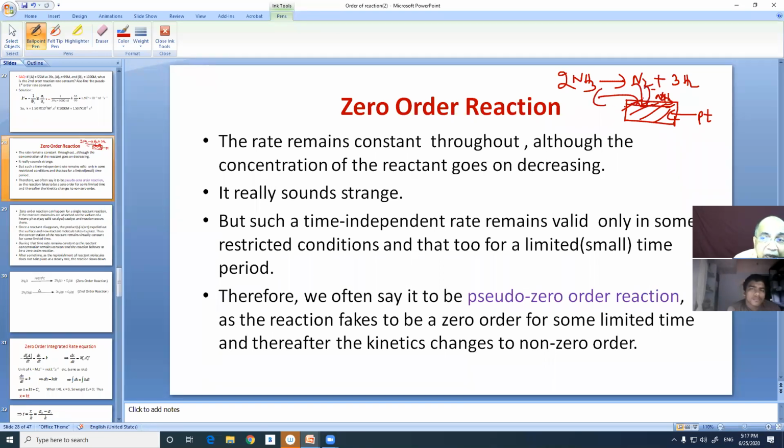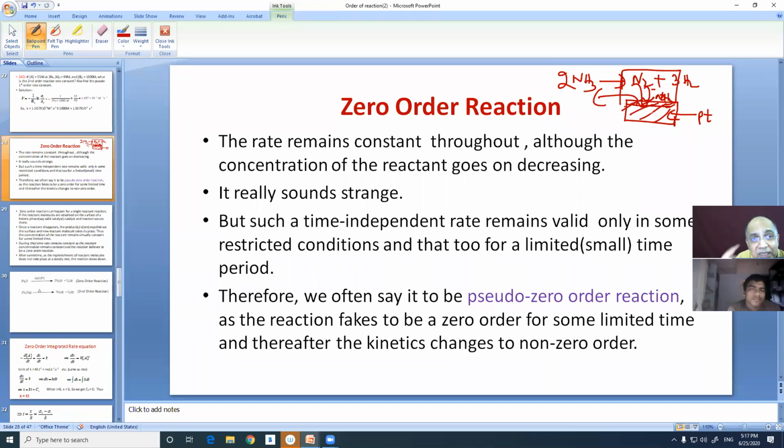And new ammonia is adsorbed because it is in equilibrium with ammonia container. So as much of ammonia is decreased from the surface, same quantity of ammonia is replenished, is compensated by new ammonia from outside, from the gaseous phase. It will come to the solid phase. So the concentration remains constant. And hence the rate remains constant.